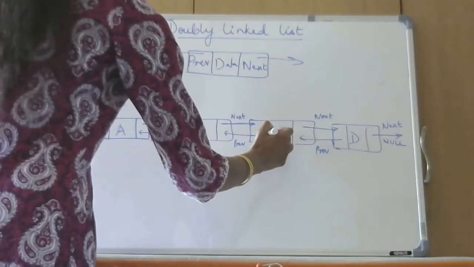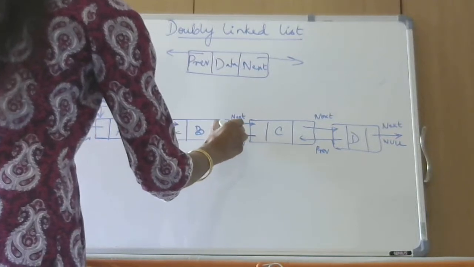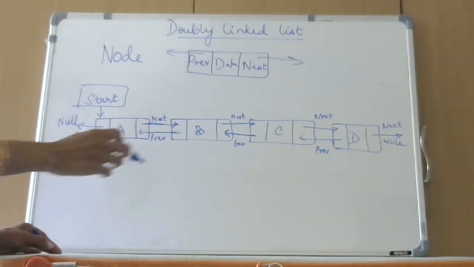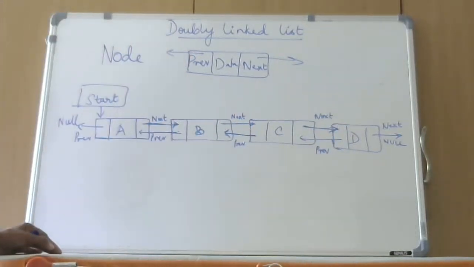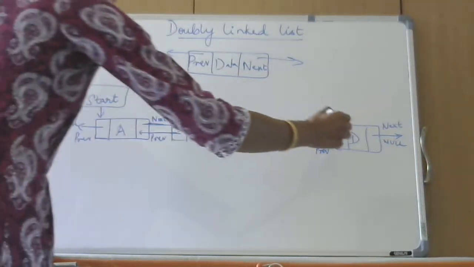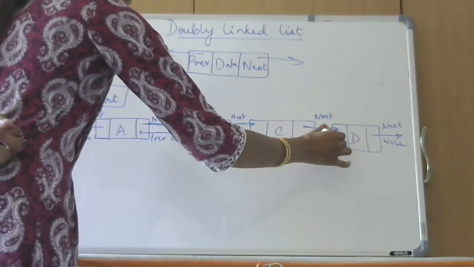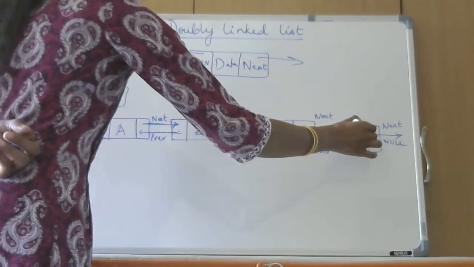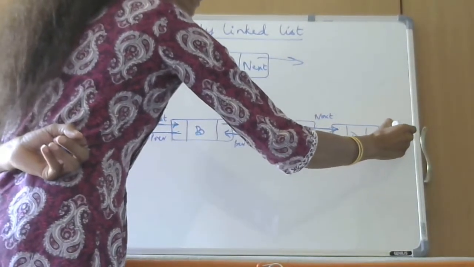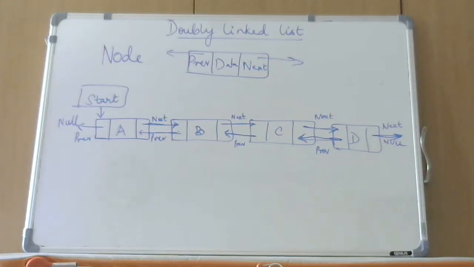Similarly here, C. Previous will hold the address of B. Next is going to hold the address of D. When you look at the node D, there also two links are there. Previous will hold the address of C. D's next will be pointing to null because D is the last node. That is why the next link of D will be pointing to null.